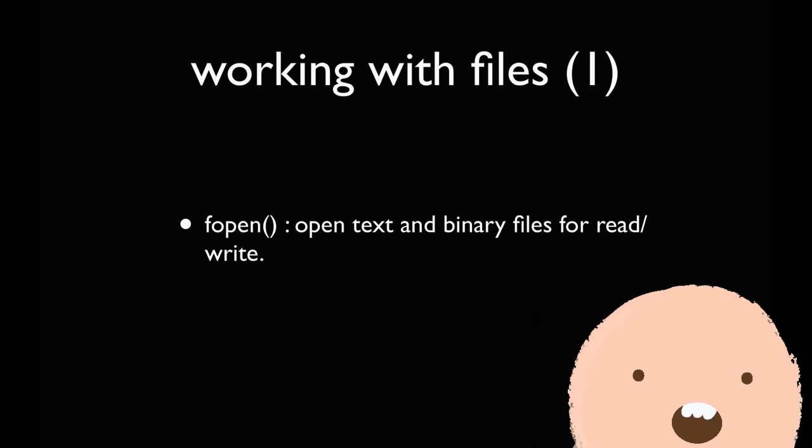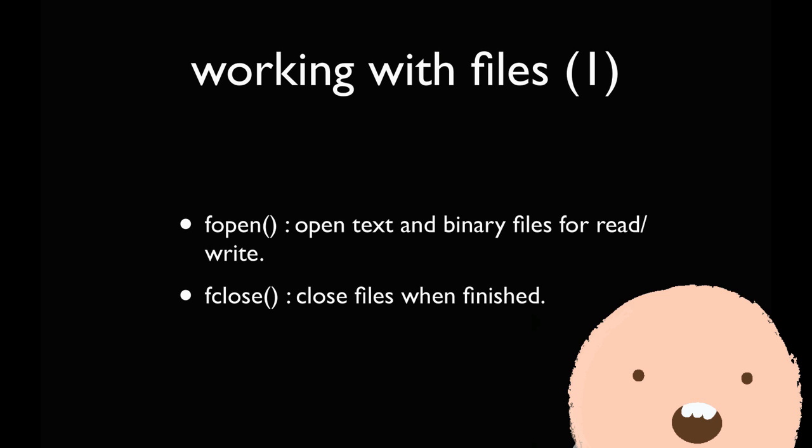All right, so we'll look at some examples of code using arrays in a moment, but before we do that, let's take a quick look at some of the file I/O routines we have in the standard C library. Before we can read or write to a file in C, we need to first open the file, and we can do that with the fopen command.